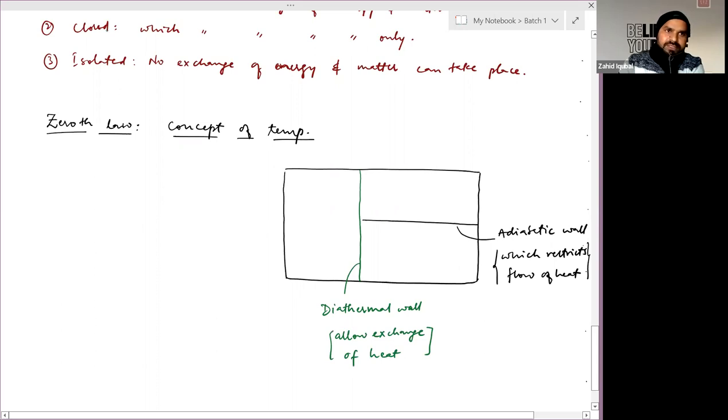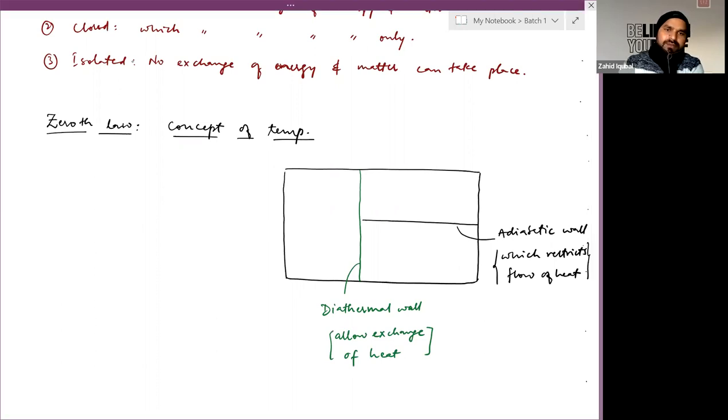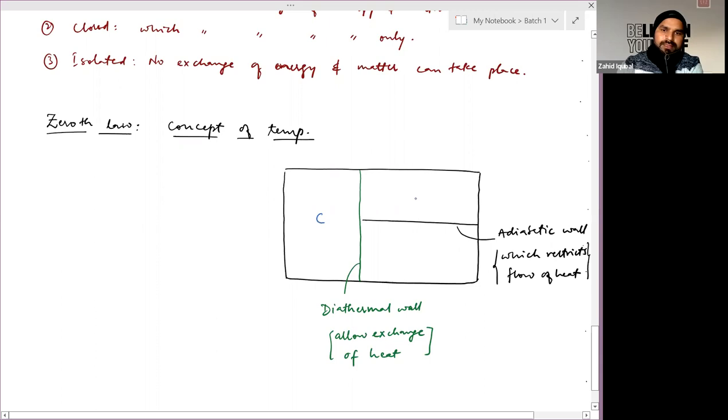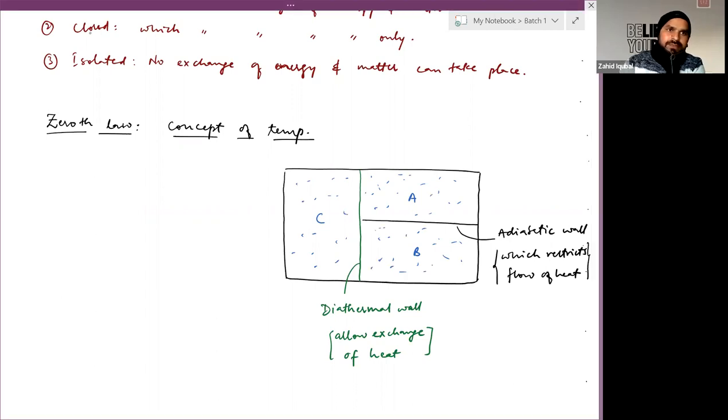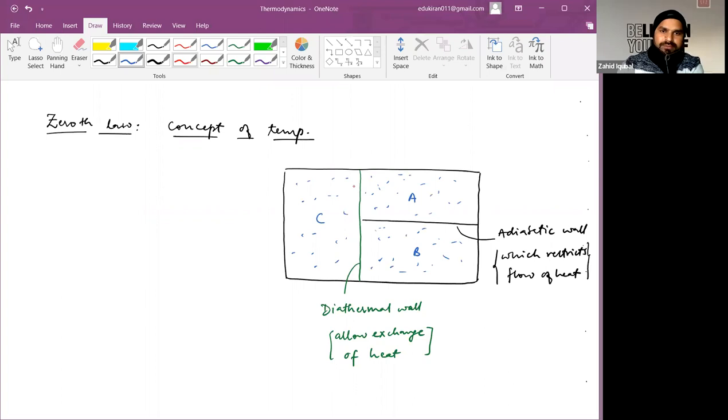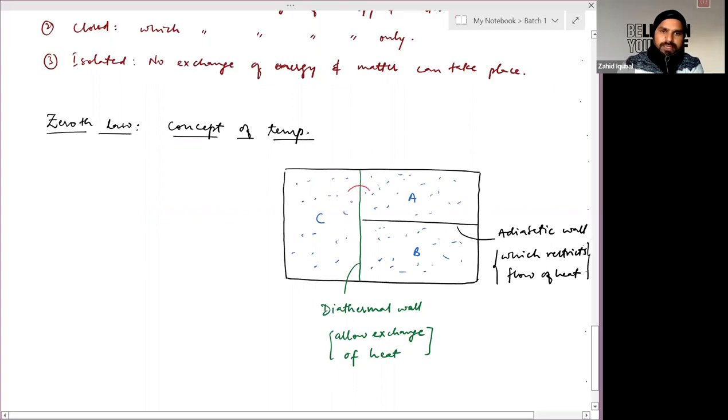So we have three different systems. This is C, A, and B. All are initially at different temperatures. So only exchange of heat can take place through this diathermal wall. So we can say there will be exchange of energy or heat between A and C along this path.